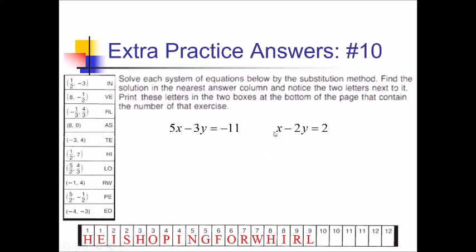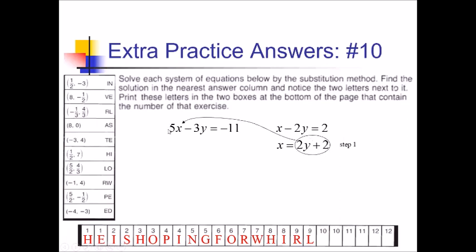On this one, looking around for variables that I can isolate so I can use my substitution method, I'm thinking this x in the second equation looks like a pretty good target. I can easily get this alone if I just add 2y over to the other side. So one-step isolation there. And now that I've done that, I can replace the x in the first equation with this 2y plus 2.